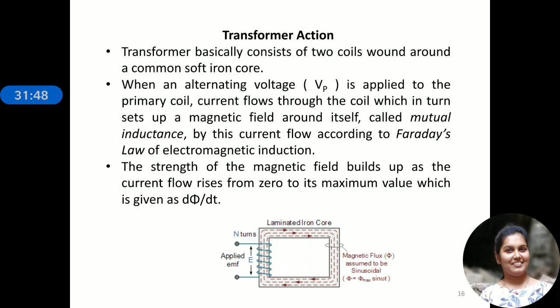As I have just now talked about the action, let's see how this transformer will work. What is the transformer action? We'll discuss. So when we see a transformer, we see a laminated iron core which is rectangular in shape, and on one side of the core we see one winding and we call it the primary winding, and on the other side of the core we see another winding and we call it the secondary winding, right?